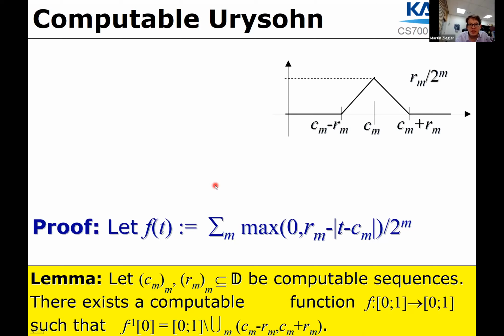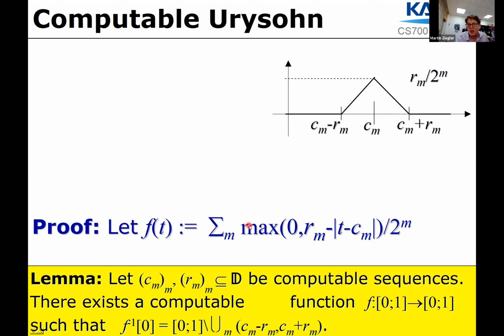The proof is very simple. We just take the sum over all these hats again. Okay, we already had that in the previous construction, but the difference now is that these hats are now allowed to overlap, right? In the previous construction of Myhill, when we had these hats, they had disjoint supports, right?